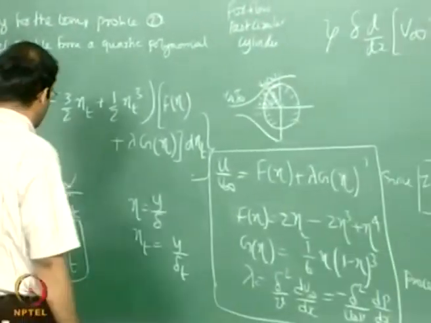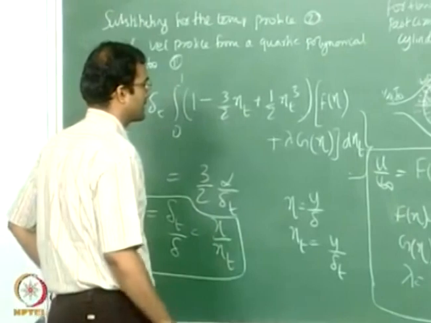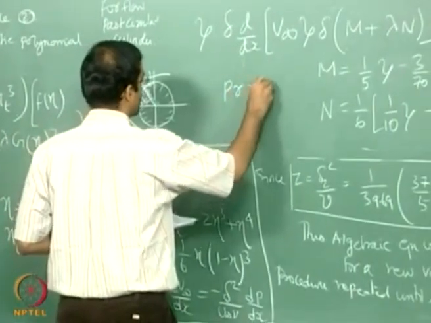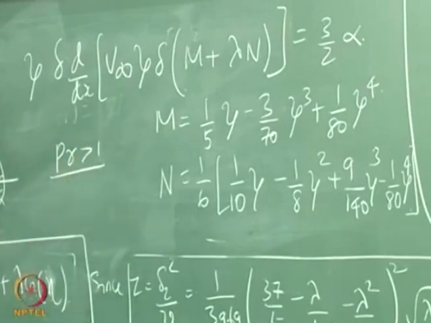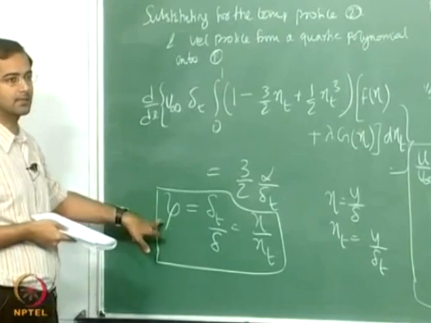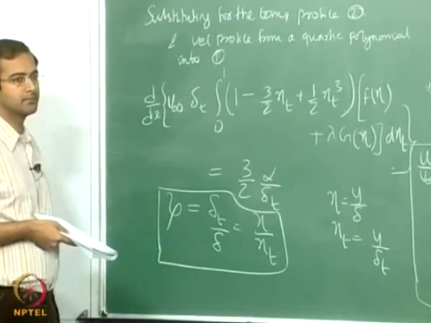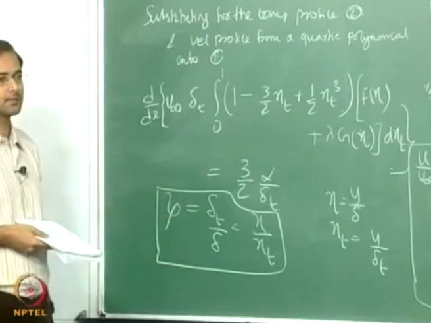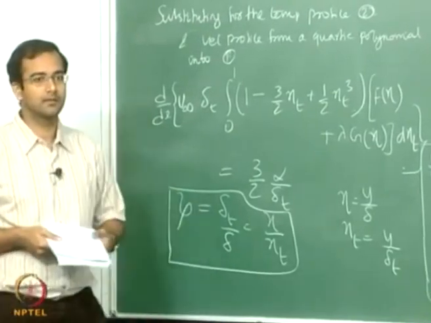Now if you consider a particular case where your Prandtl number is greater than 1, what kind of approximation does it mean on zeta? Your thermal boundary layer thickness is much smaller than your velocity boundary layer.